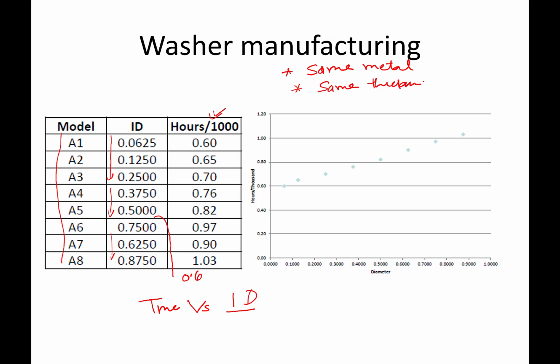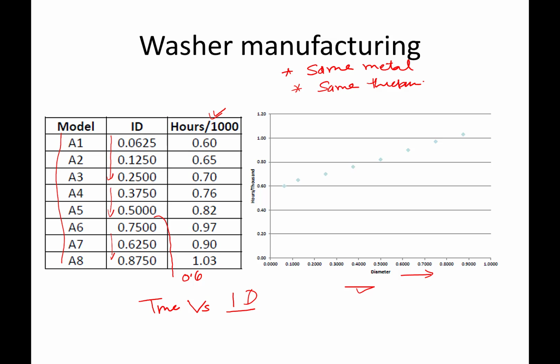So first, using this data, develop the scatter plot. Scatter plot of machining time versus the internal diameter. The scatter plot is showing some kind of increasing trend and almost a linear relationship.